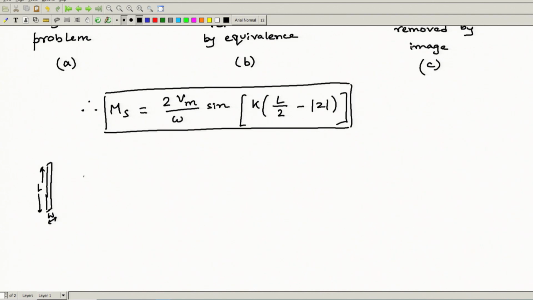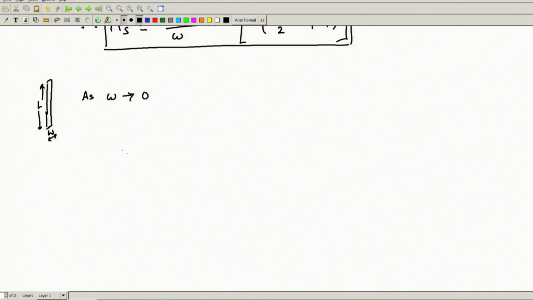Now it has been said that we need to assume W is very small, that is, W tends to 0. When W tends to 0, we can draw like this.